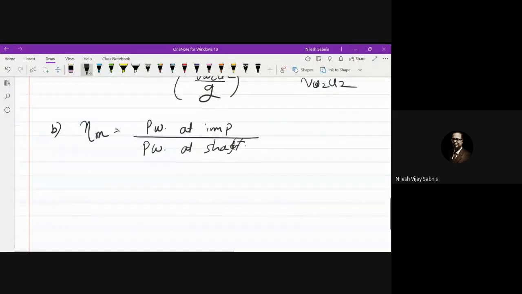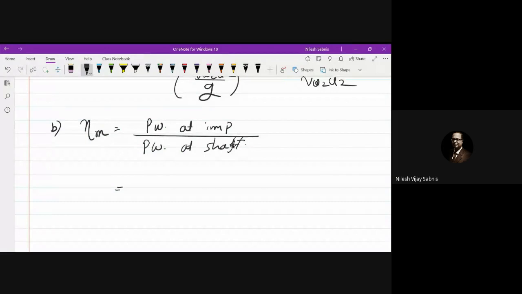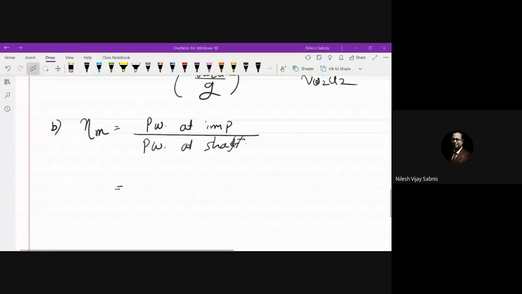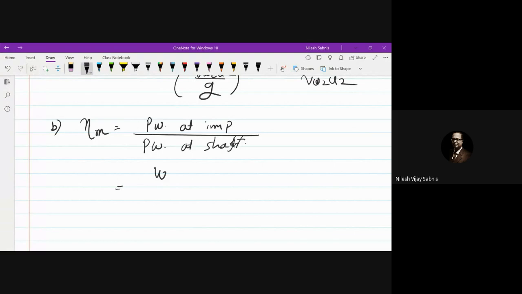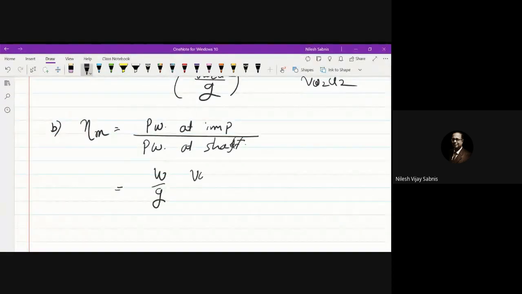It is calculated by the formula W by g VW2 U2 upon 1000, divided by shaft power.